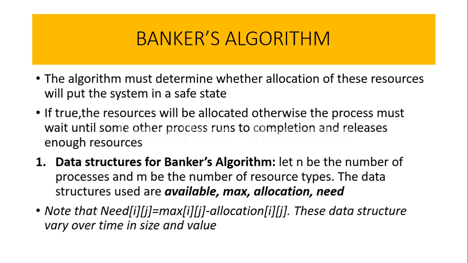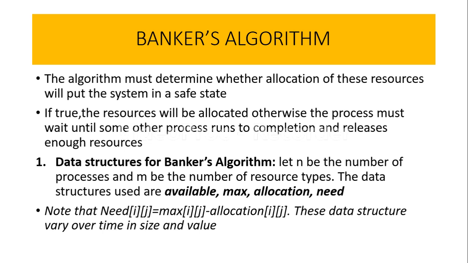As far as the data structure called available is concerned, it is a vector of length m, where m indicates the number of resources. So available is a vector of length m, defining the number of available resources of each type. Basically, it tells the total number of resources available. Next comes max. It defines the maximum requirement of each process.